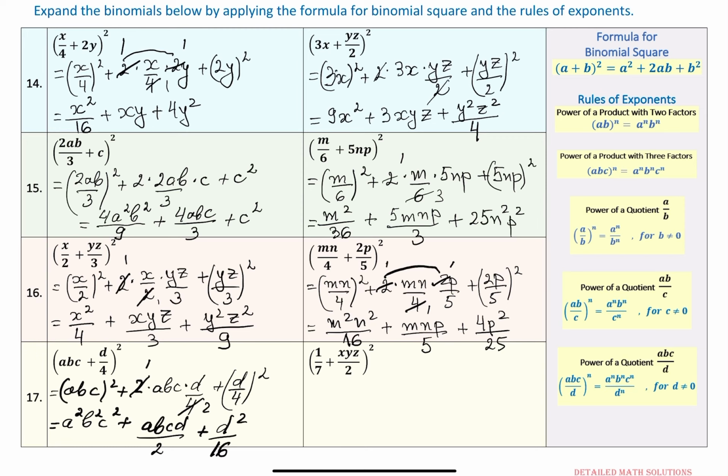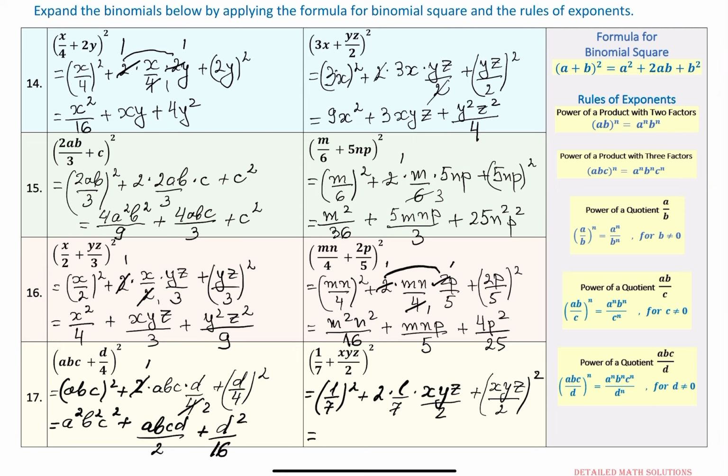Next exercise. (1 over 7 plus xyz over 2) squared. This equals (1 over 7) squared plus 2 times 1 over 7 multiplied by xyz over 2 plus (xyz over 2) squared.